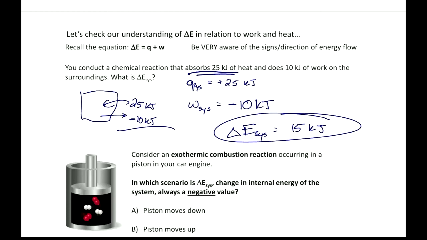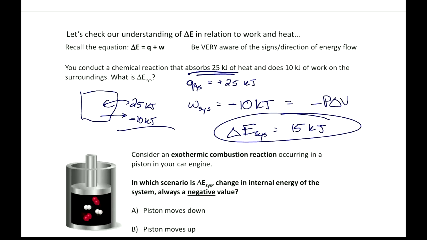All right, so in this example, the first one we just did, would you think the sample increases volume or decreases volume? Or do we not know? So the sign of work tells you whether the sample increases volume or decreases volume. Remember, work is equal to negative pressure delta V. Pressure will always be a positive number.